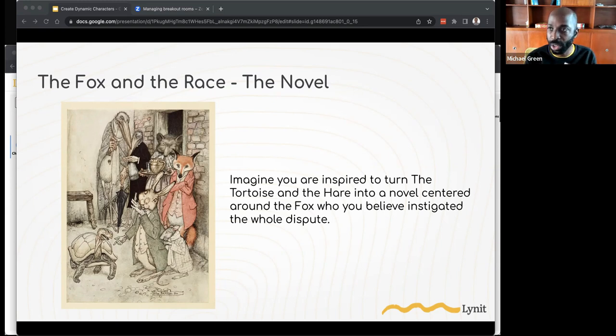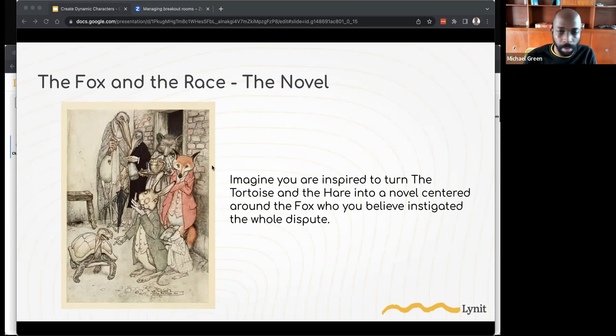So definitely start thinking of that character. You'll see me doing everything with the tortoise and the hare as an example to explain the context, but then you'll be able to play around with it with your own character.